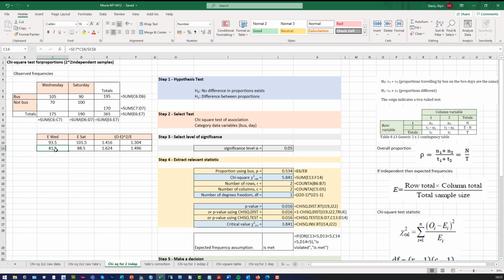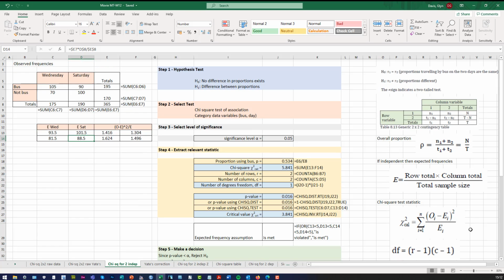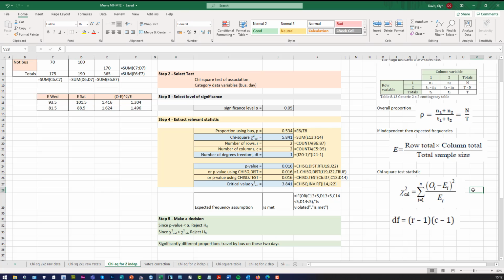So this value here, which is in the not bus, would be the row total 170 times 175, which is the column total for that cell, divided through by the total, which is 365, and then repeat it for Saturday. Now remember that we use the chi-squared test of association, so there's our chi-squared equation there.